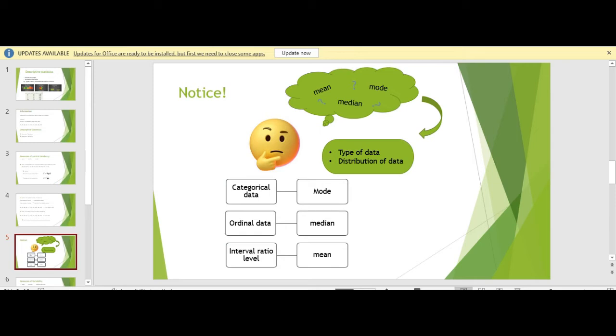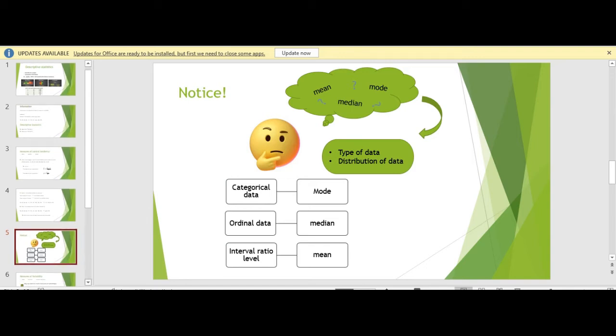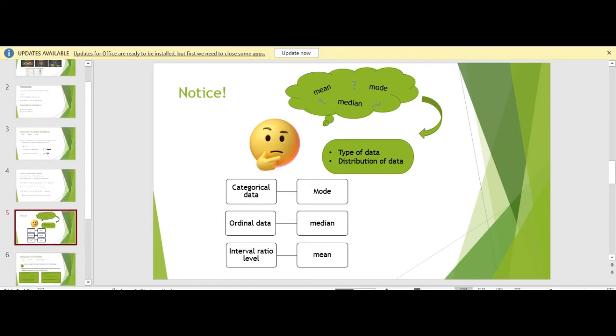And for ordinal data, we use median, and for interval ratio level or quantitative data, we use mean. In some specific cases, we use median, like when there may be outliers or distribution is skewed, because in some cases the mean is not robust.